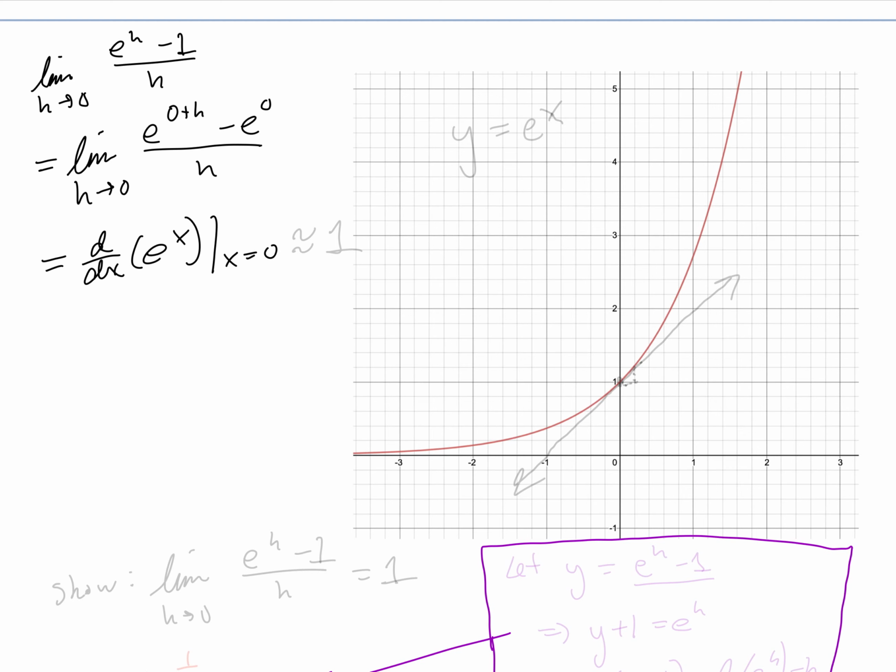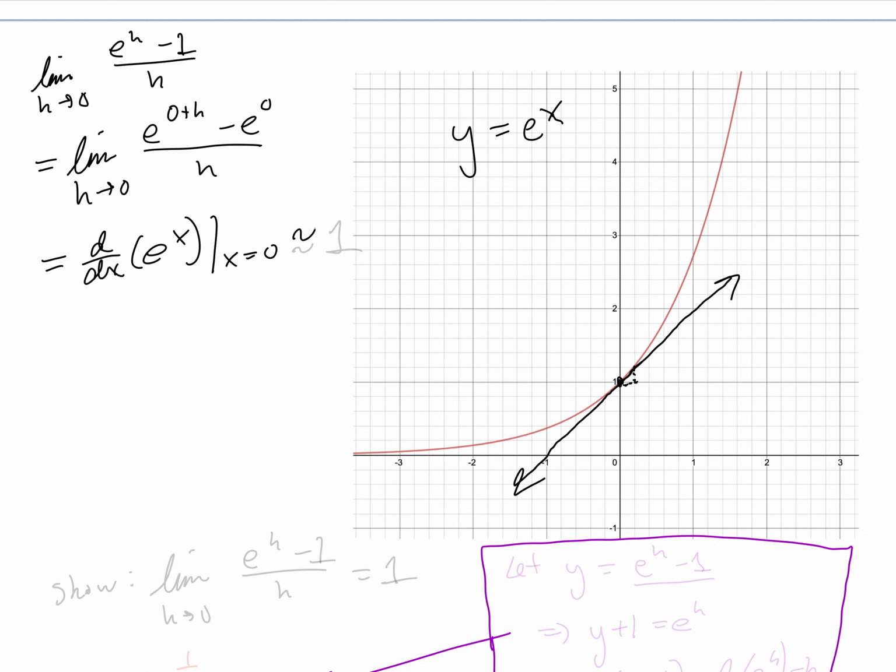So let's take a look at this function, y equals e to the x, and try to evaluate that value. What is the slope of that function at x equals 0? We're drawing a tangent line to the curve, and for every 1 that we go over in x, we're going up about 1 in y.